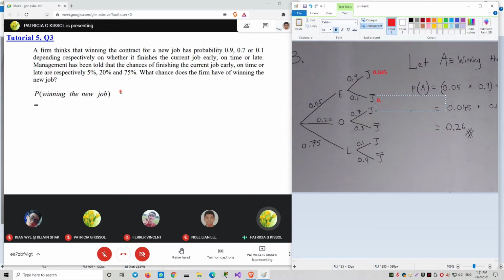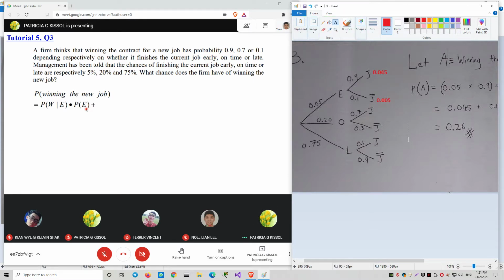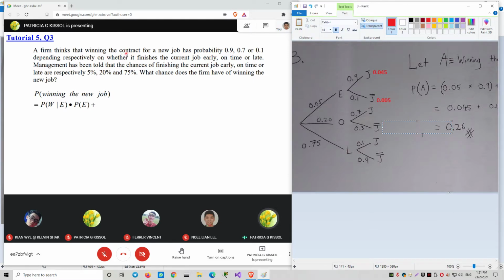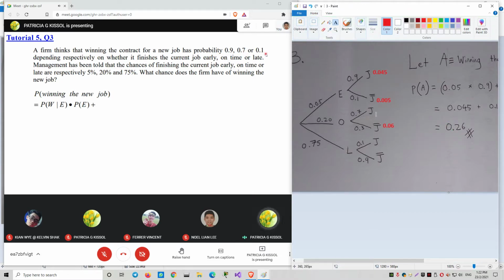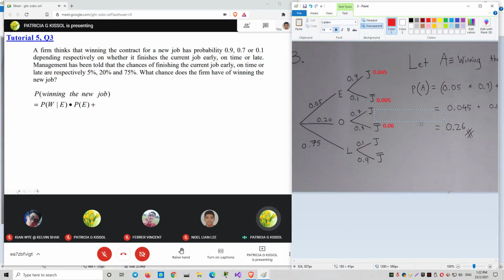So in this case, let me show you the working: the probability of winning the new job given early times the probability of early, because that means we are given the value of early, on time, or late.